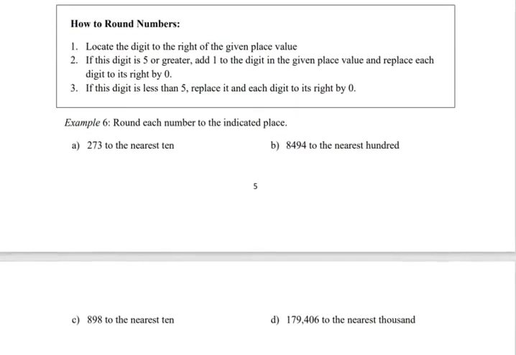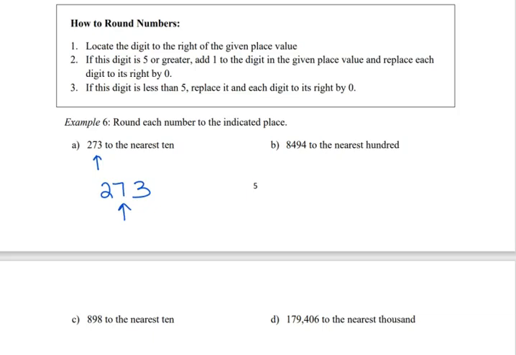I'm going to keep this rule up, and we have 4 problems to do. You have 273, and you need to round to the nearest 10. Your tens place is at the 7, so this is where we stop. Now let's look at the digit to the right of that one. That's step 1, and that's a 3.